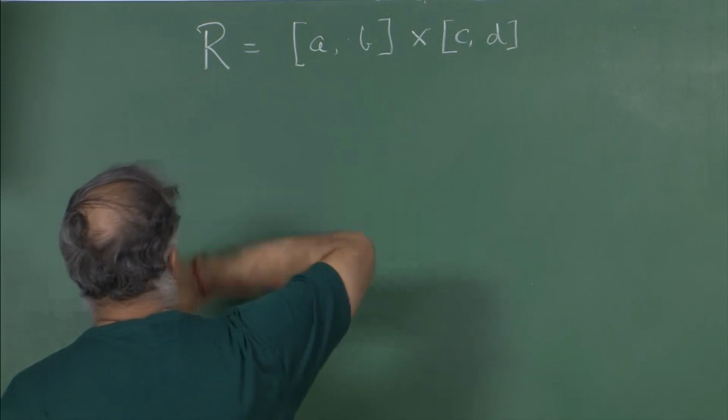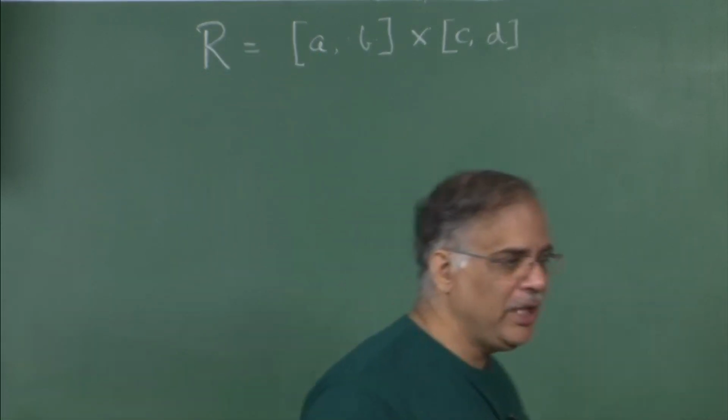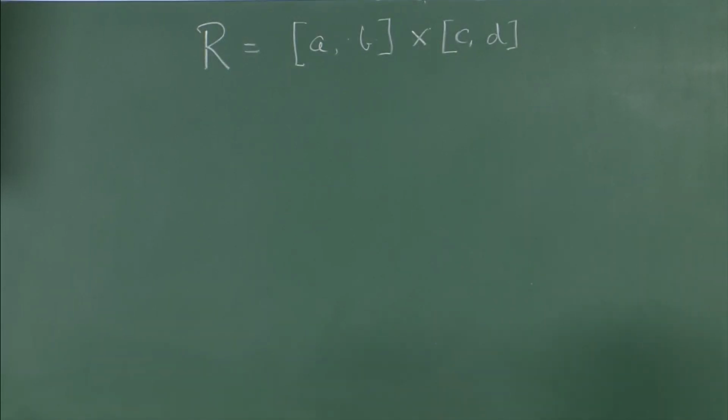And here what would happen is that you now partition AB and you partition the side CD in equally spaced intervals.